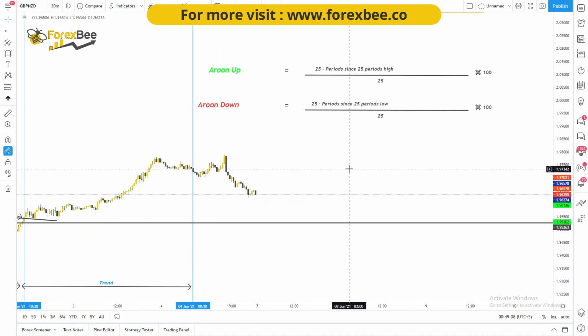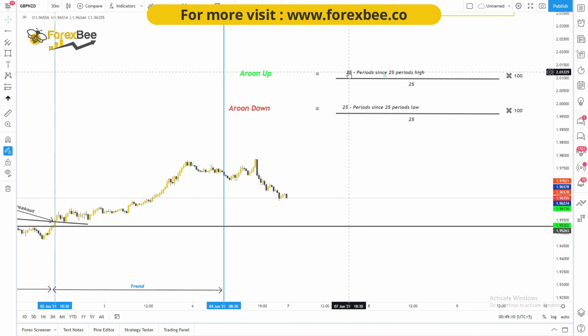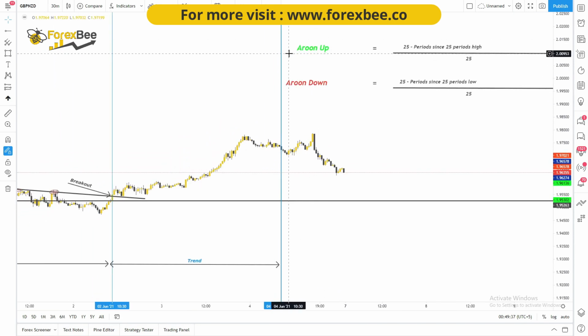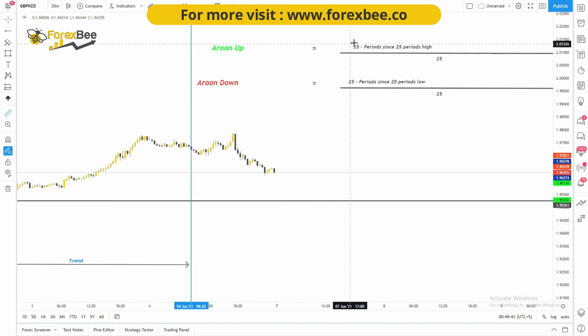As you can see, we use 25. You can also use any other number here, but by using 25 we get the most accurate results. First of all, let's see how Aroon Up is plotted. So let me take the measuring tool, and as written here, let me measure the 25 candles.